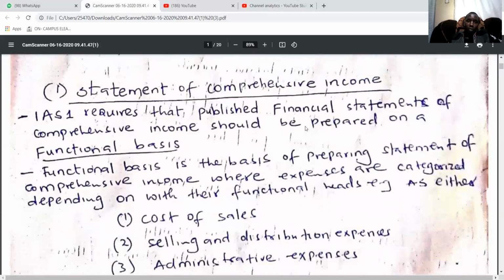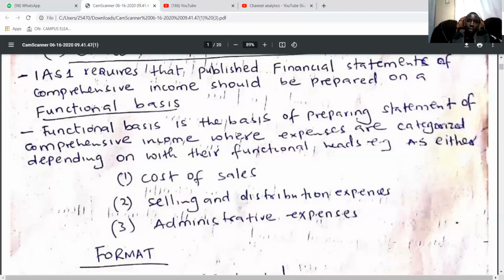So statement of comprehensive income, I said the main thing we consider is what? The expenditure part of it, whereby you present your expenses on a functional basis. That is what they have said here. IAS 1 requires that published statements of comprehensive income should be prepared on a functional basis.